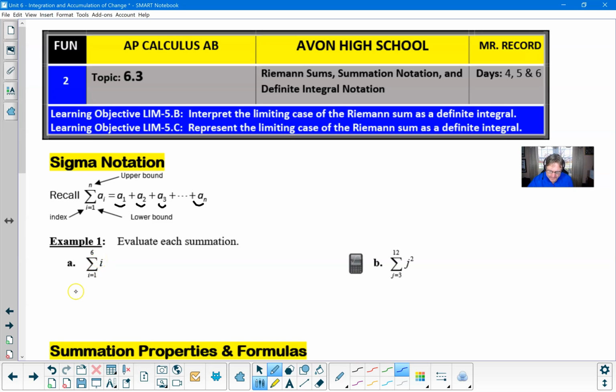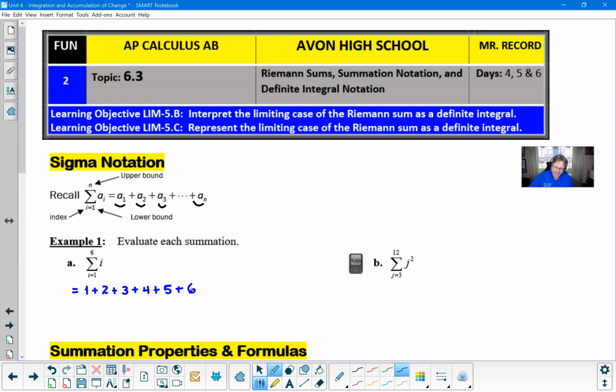Well, essentially what this says to do is to replace the i in this expression with 1, which is a very easy replacement. And then the summation symbol says you are going to add, and then we let i go to the next integer, 2, and then the summation says you are going to add, and then we let i be 3, followed by 4, followed by 5, all the way to 6. Good thing we didn't have to go much farther than that, huh?